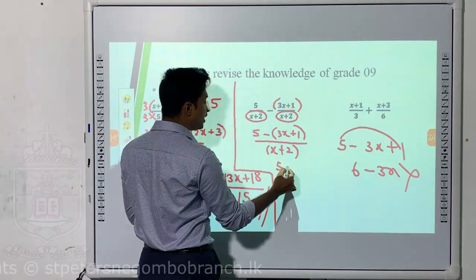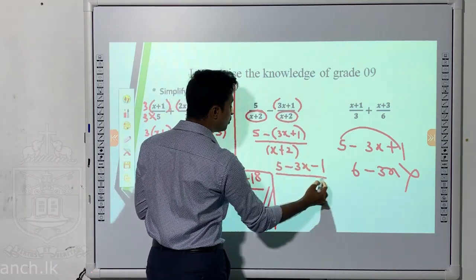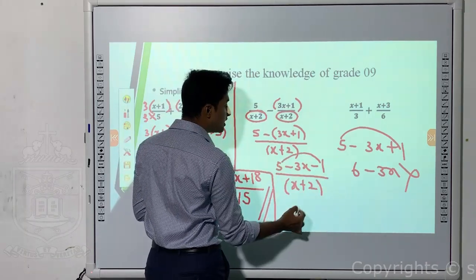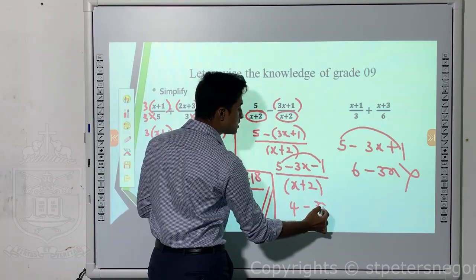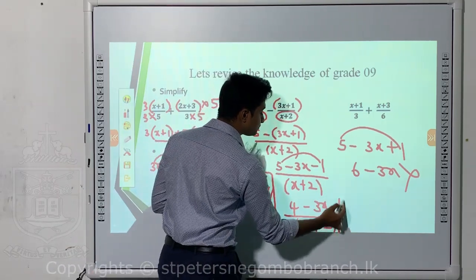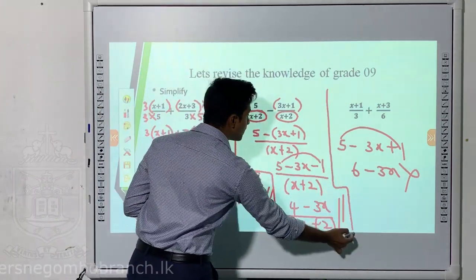So there is going to be 5 minus 3x, minus it to plus, minus 1 over x plus 2. So that is going to be 5 minus 1 is 4, 4 minus 3x over x plus 2. Okay, that is the answer for the second one.